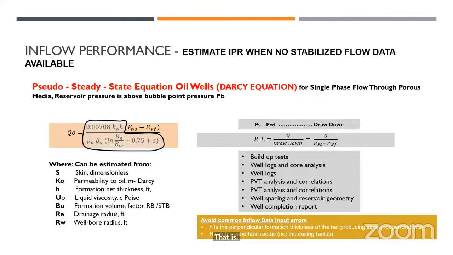There are a lot of factors, including permeability, vertical height of the perforation, viscosity, formation volume factor. We can summarize all these factors because we do not always have this data with us, so we can do a well test to get all these factors in one figure, which is the productivity index.